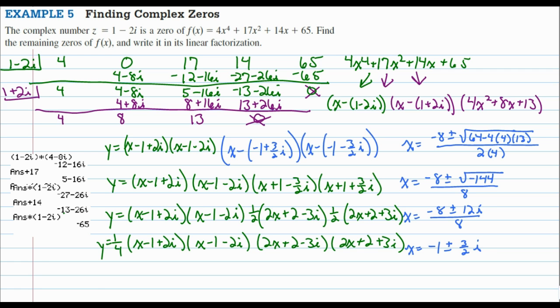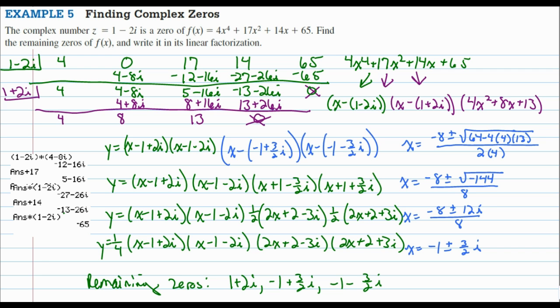And then the remaining zeros are what I have to identify. Since it's just asking for the remaining zeros, which is a little bit weird, those are 1 plus 2i, and then the other two that I found, negative 1 plus 3 halves i, and negative 1 minus 3 halves i.